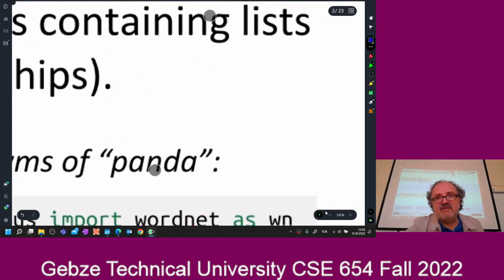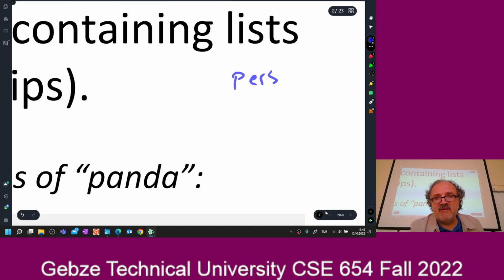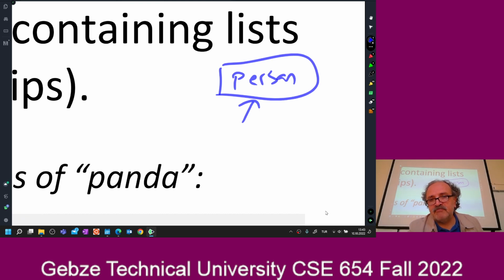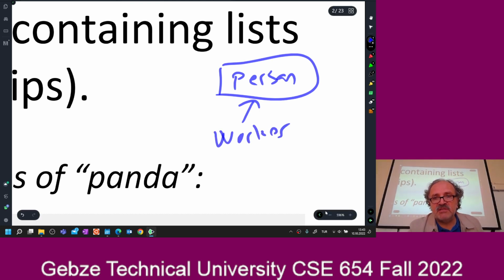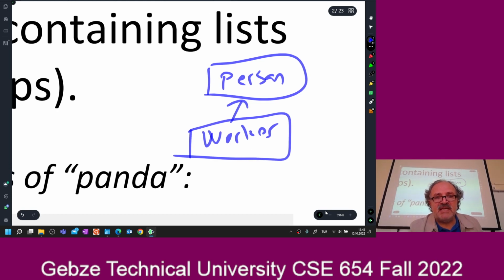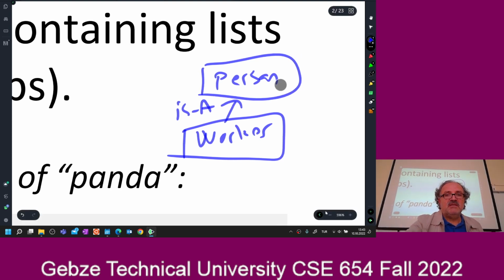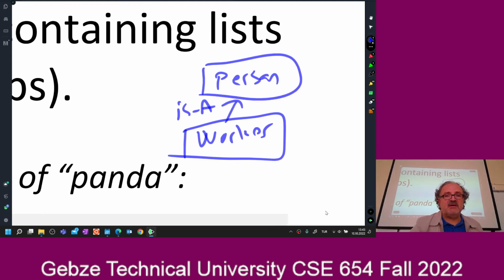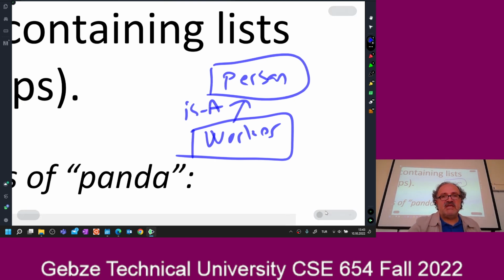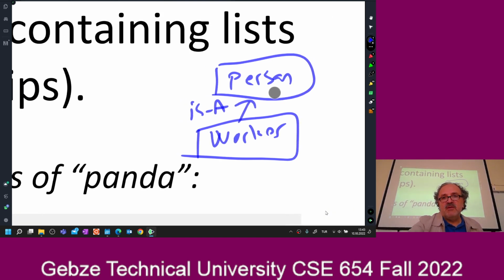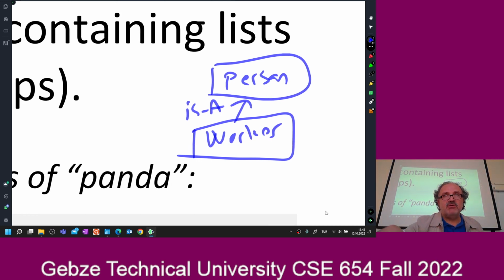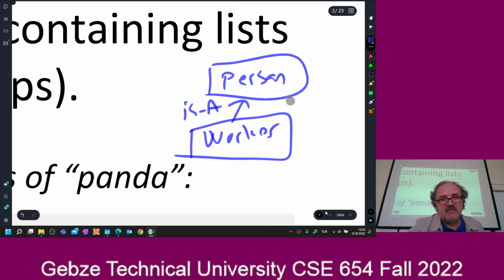For example, the typical one is a person. I have a person class, and I derive a worker class from the person class. Each worker is a person, but a worker is a specialized person. Why? Because a worker has other properties than a person. A person has a date of birth, an ID number, a name, an address, etc. On top of it, a worker has all of them, and maybe a monthly pay.